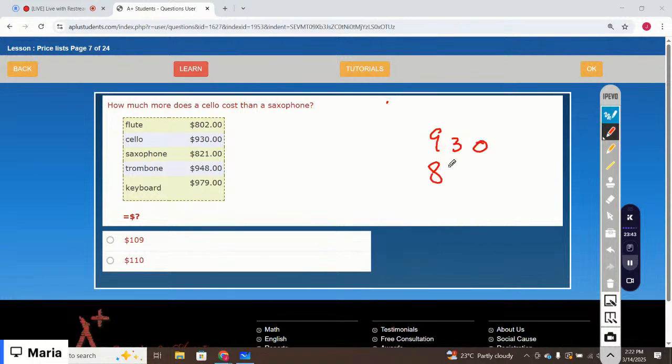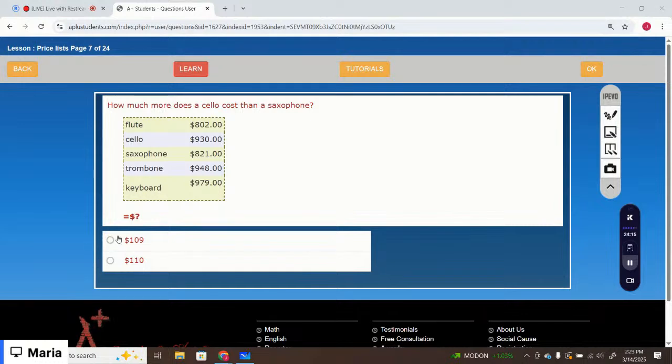So you just have to subtract. That is 109. Option number 1 is the correct option.